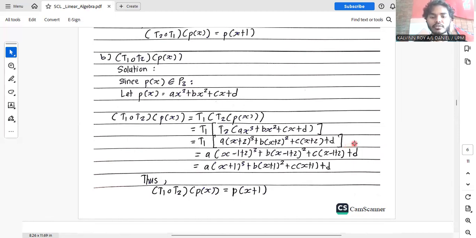When this goes under T1, it becomes a(x minus 1 plus 2) cubed plus b(x minus 1 plus 2) squared plus c(x minus 1 plus 2) plus d. Lastly, you get a(x plus 1) cubed plus b(x plus 1) squared plus c(x plus 1) plus d. So T1 composite T2 of P(x) gives P(x plus 1).